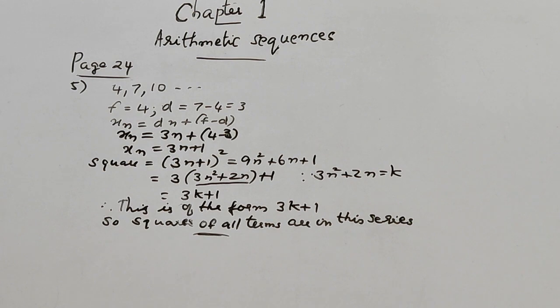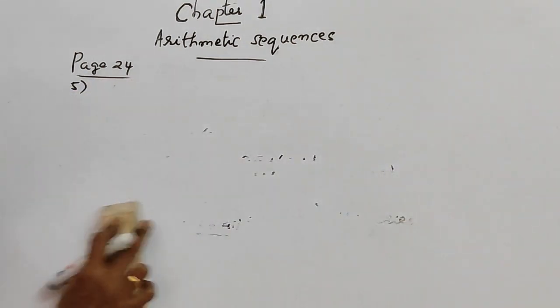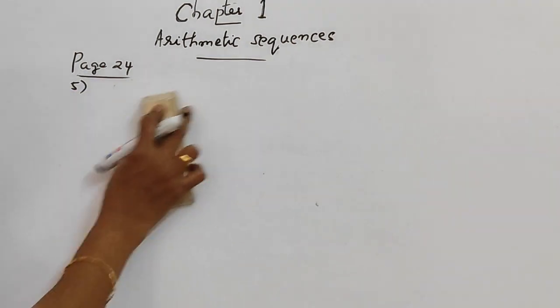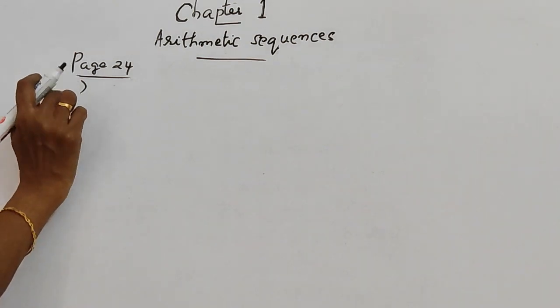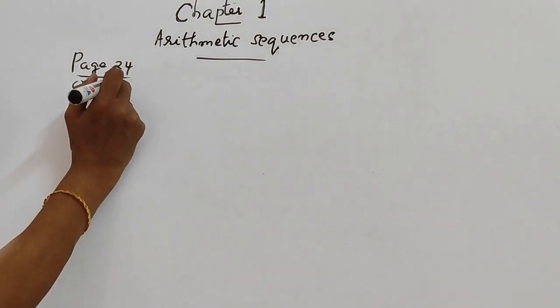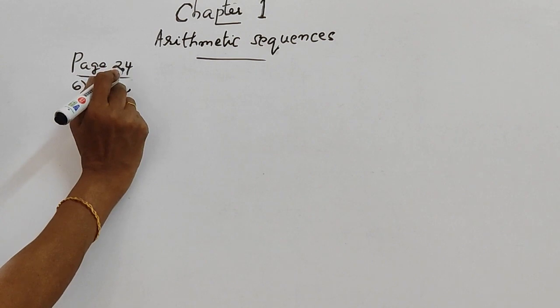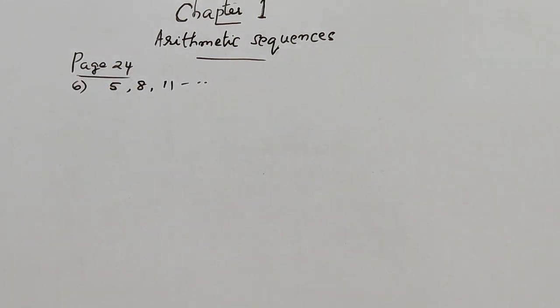Now we move on to the 6th question. Prove that the arithmetic sequence 5, 8, 11, and so on contains no perfect squares.